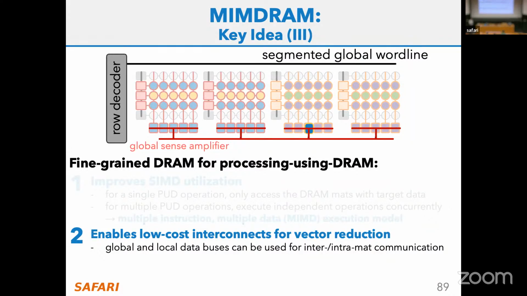If I do a vector addition, I can implement my vector reduction as a reduction tree. In the first step, I do the addition in all of those mats. In the next step, I move the data from half of the mats to the other half of the mats. I disable that first half of the mats. Then I implement the next reduction step, and so on and so forth, until I have the data sitting only in one mat. So now I can further do a reduction operation.